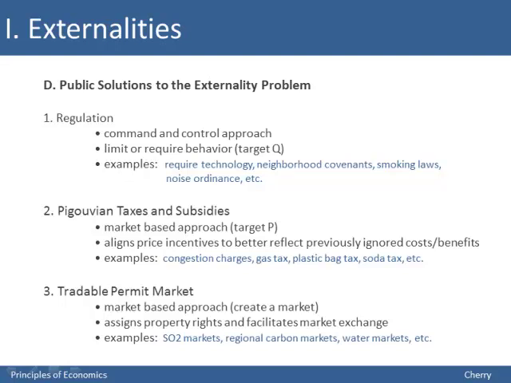An early experience was SO2 markets, and the tradable permit system that was implemented was a huge success. It achieved the policy goals much more quickly than estimated, and at approximately half the cost that was estimated up front. So it's a very efficient policy approach to solving a negative externality problem.